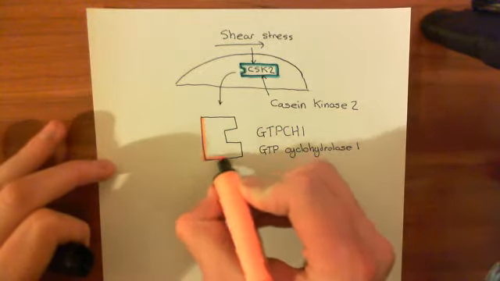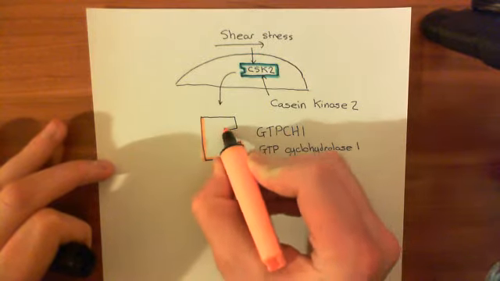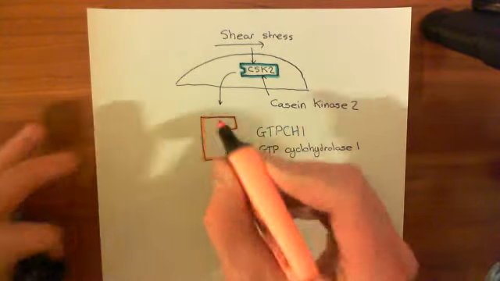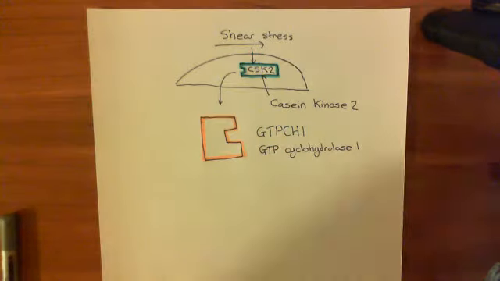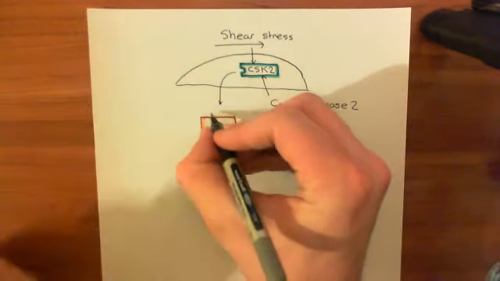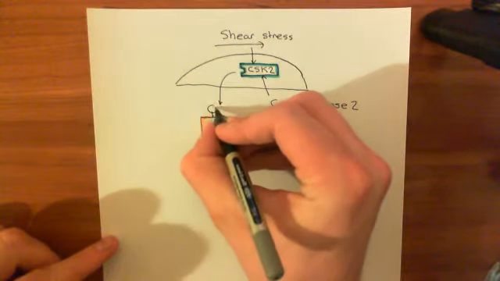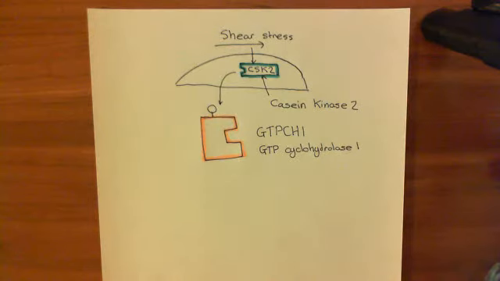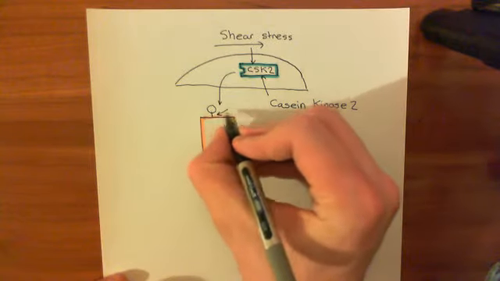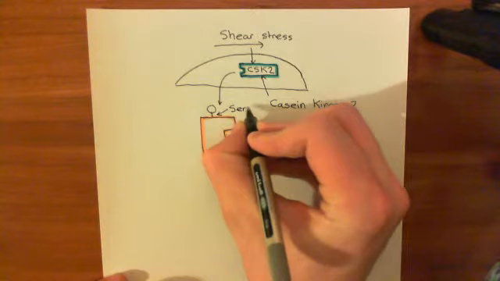So we'll colour it in orange here. And basically, when casein kinase 2 enzymes become activated, they are going to add phosphate groups. They're going to add a phosphate group onto a specific serine residue on this GTP cyclohydrolase 1 enzyme. And it's specifically added onto serine at position 81.